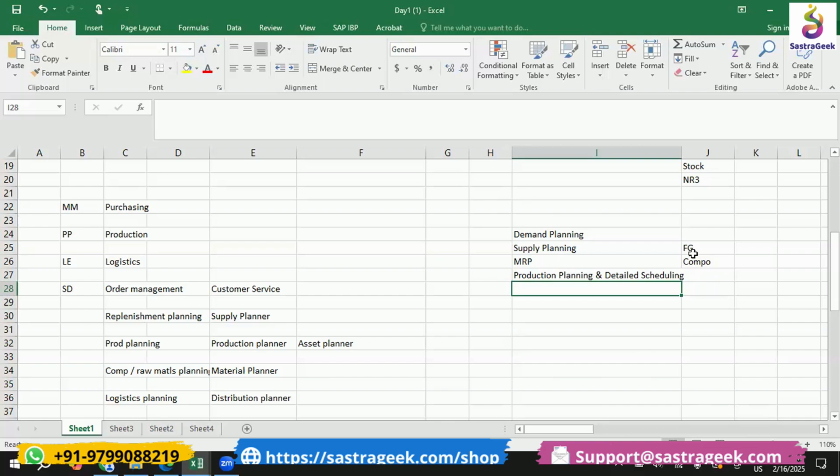There is a function within the organization that looks into the short-term production plans, tries to optimize them, and tries to make sure that the plan which has been generated as a result of demand planning and supply planning inputs is workable, and should be able to produce also.